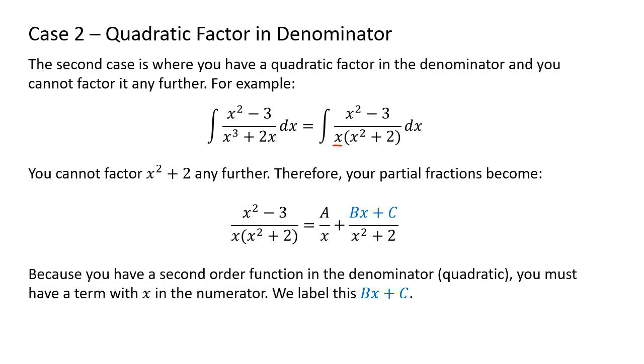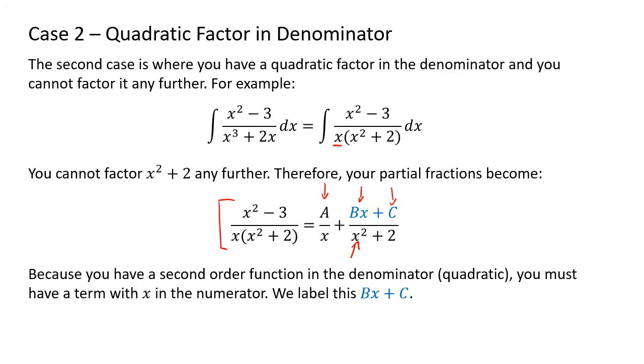The difference is that the numerator will look slightly different. So if we write this as partial fractions, we have x squared minus 3 divided by x times x squared plus 2, and that has to equal a divided by x, so that partial fraction remains unchanged. Plus, in this case, because the denominator is squared, we have to do a bx plus c.